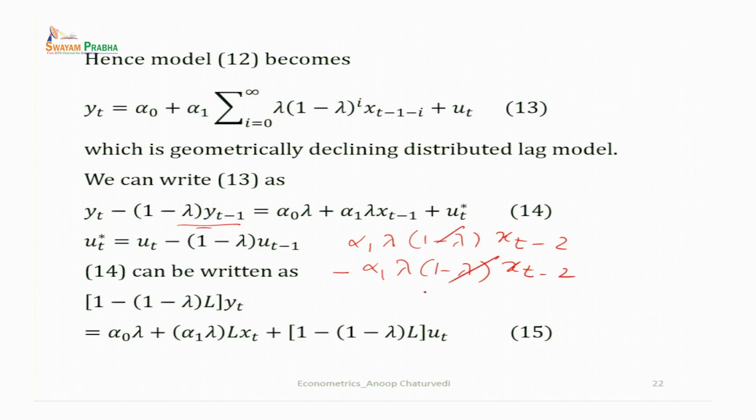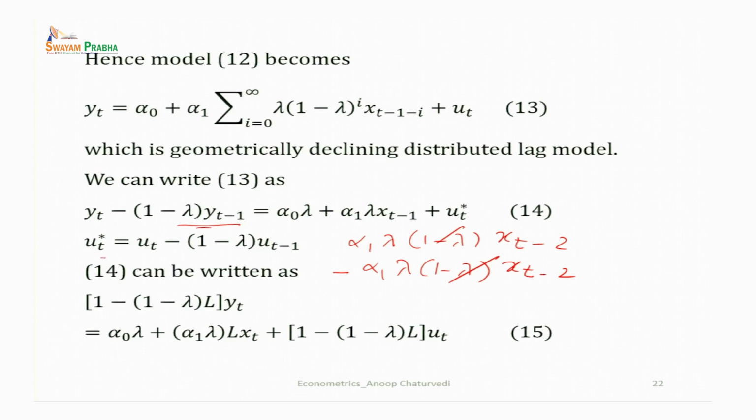So, this will cancel out. Similarly, the third term of this summation will cancel out with the second term of the expression for y_{t-1} and so on. So, finally, you obtain y_t minus (1 minus lambda) y_{t-1} equal to alpha_0 lambda plus alpha_1 lambda x_{t-1} plus u_t*.